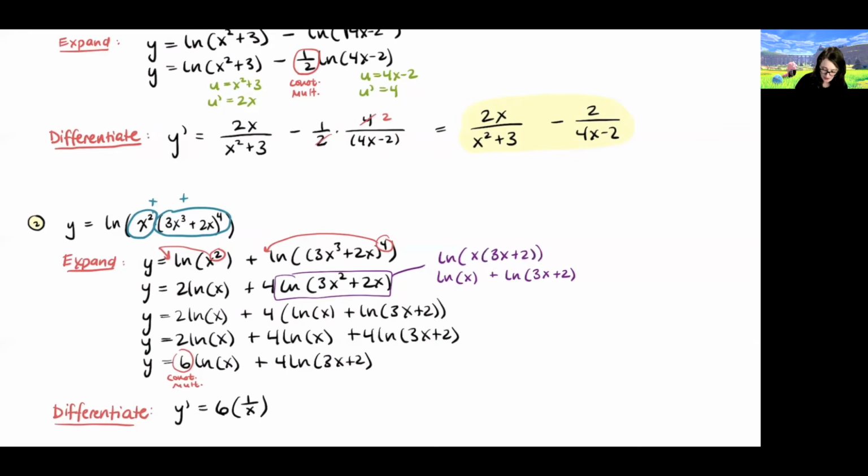And then again, we've got another constant multiple here of the 4. Now in here we have some stuff that's not just x. So we have a u situation. So here we've got u equals 3x plus 2. Then u prime will be 3. So when we find the derivative of the second natural log, we'll have 4 times u prime 3 over u, 3x plus 2.